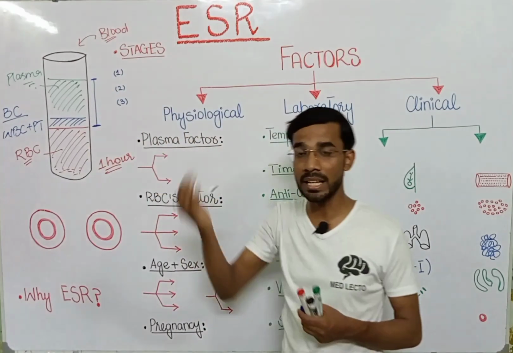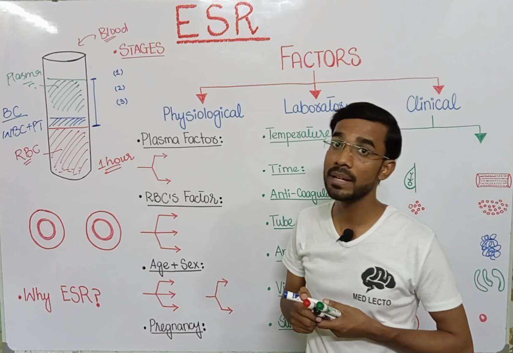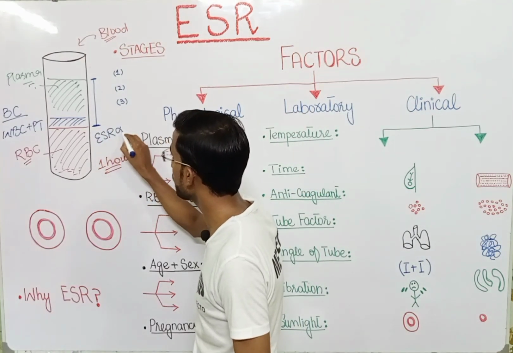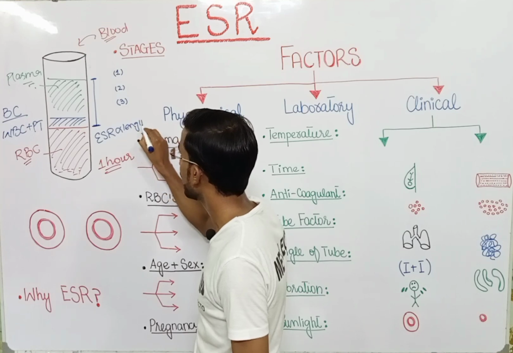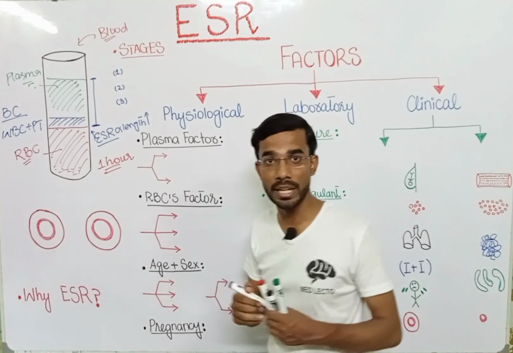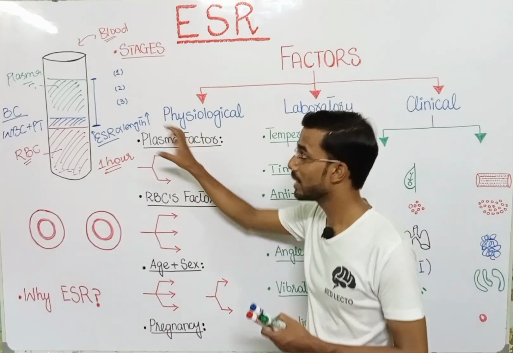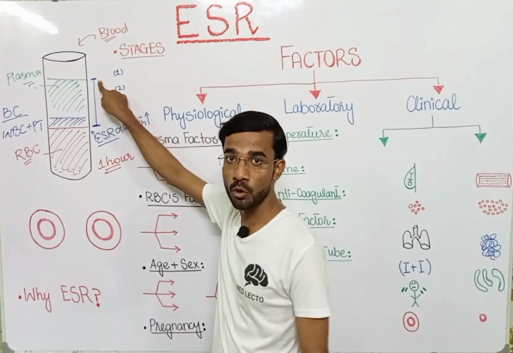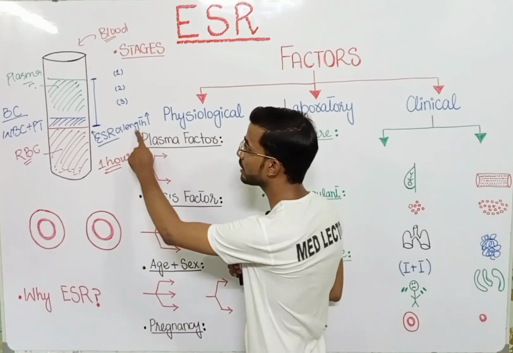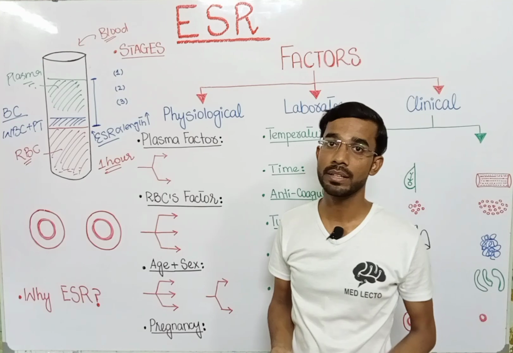If the length increases, then the ESR will increase. It means that the ESR is directly proportional to the length. If the length decreases, then the ESR will decrease.